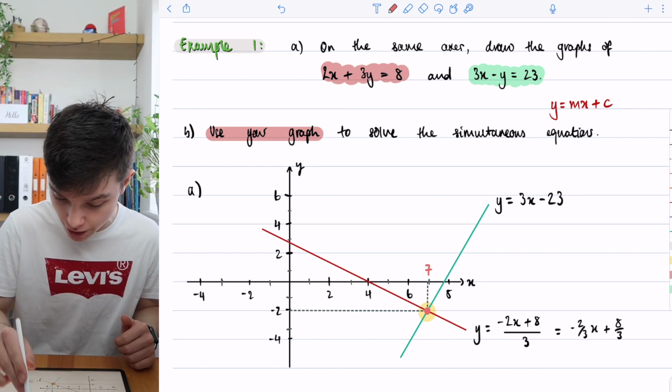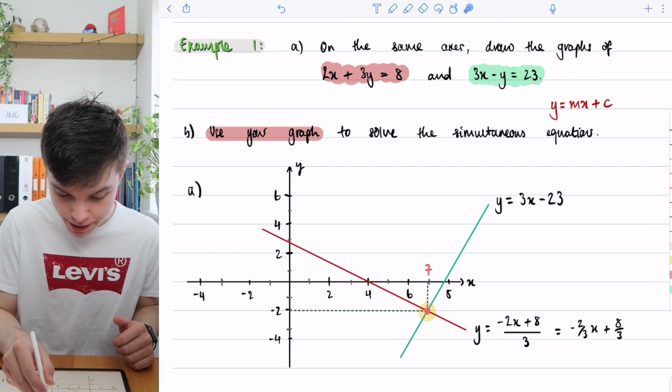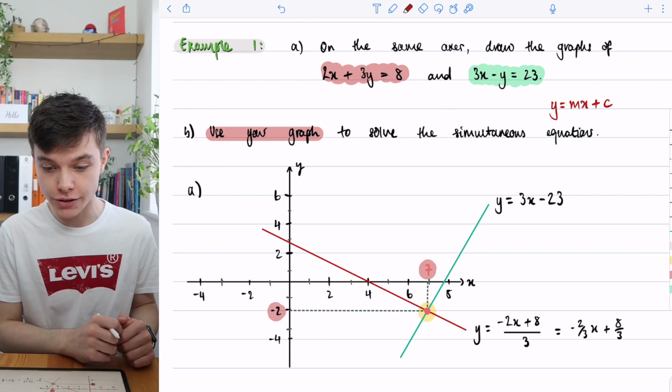Now it's 7, by the way, because it's in between 6 and 8. Here we're exactly on minus 2, so I can highlight that in red. We've got 7 and we've got minus 2.